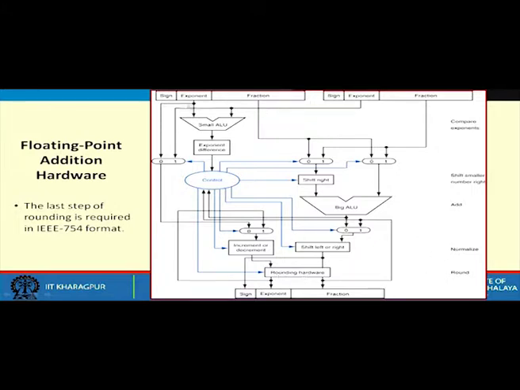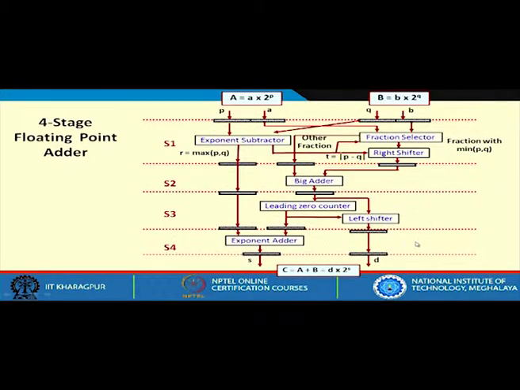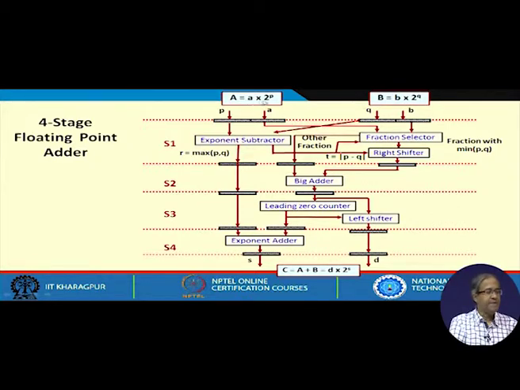Now, these basic steps you can easily break into pipeline stages. I am showing one simple implementation of a pipeline like this. Let us say the two numbers are a times 2 to the power p and b times 2 to the power q.